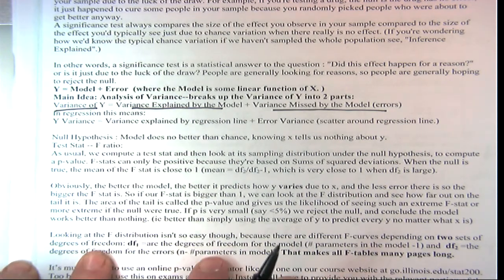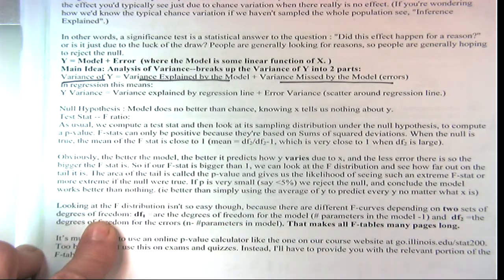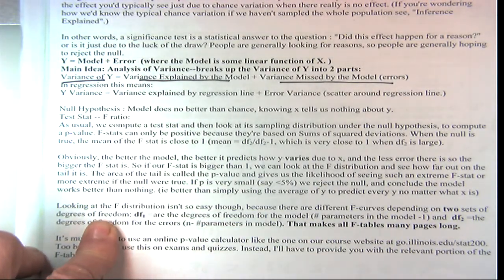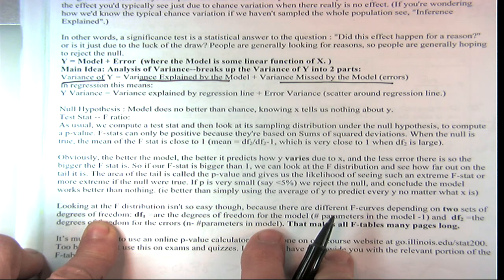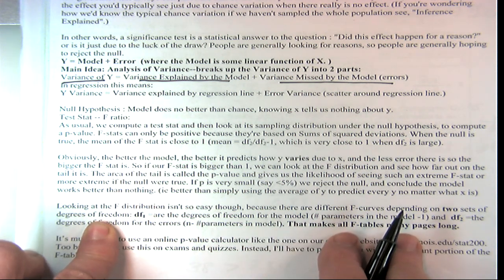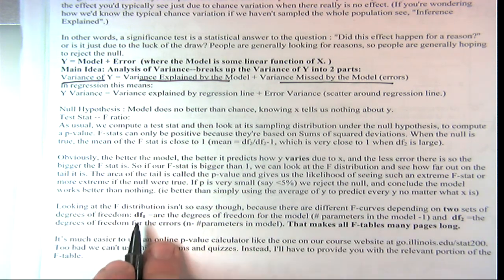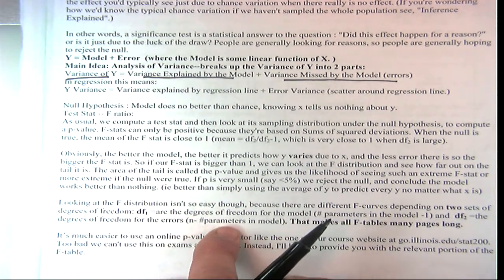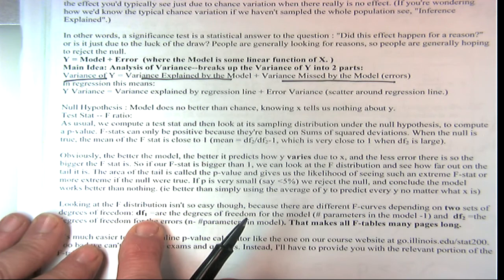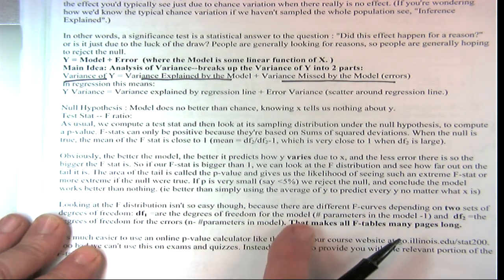But the F distribution is our hardest distribution to look at, as probably some of you found out, because there are lots of different F curves, and they depend on two sets of degrees of freedom. Degrees of freedom 1 is for the numerator, and that is associated with the model.